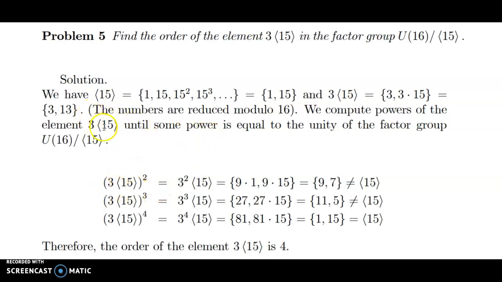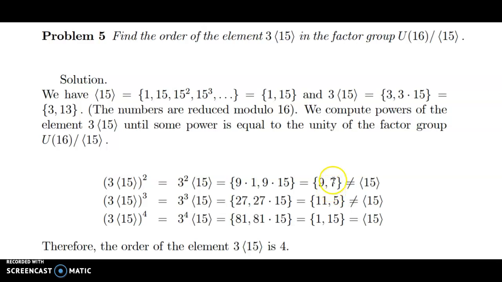3 times 15 is not equal to the subgroup, so 3 times 15 squared, according to the definition of multiplication of cosets, you have this. So multiply each number from the subgroup by 9, reduce mod 16, you get this.